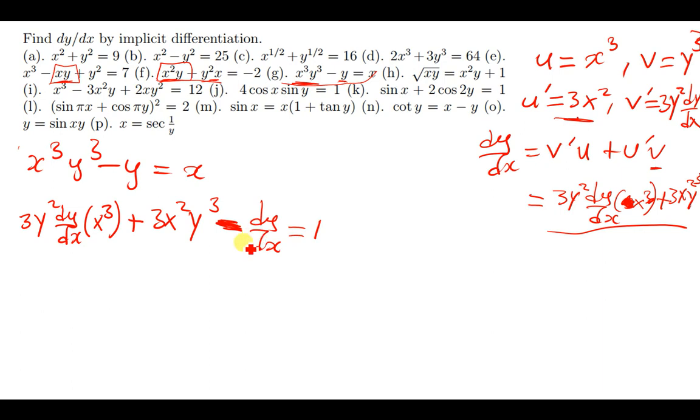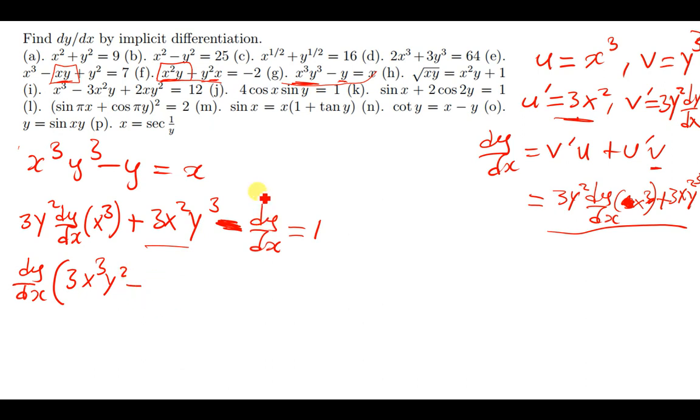So we can take this to the other side of the equal sign, and then we factorize dy dx. So when you factorize dy dx, we're going to have dy dx, open brackets, in brackets we have 3x cubed y squared minus 1.